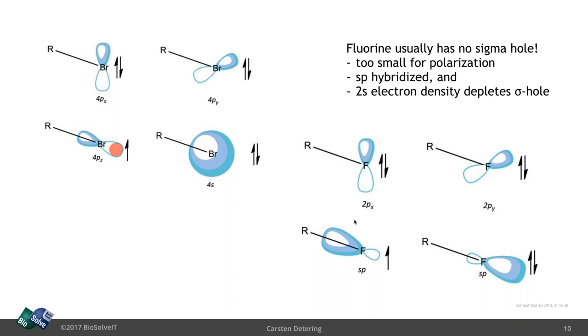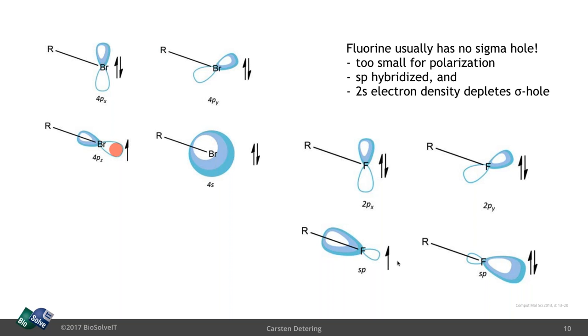But in the fluorine atom, we have more sp hybridized, or the bonding orbital has more sp character, which leaves a lot of 2s electron density, which then again depletes the sigma hole. And also the fluorine atom is a little too small to be polarized.